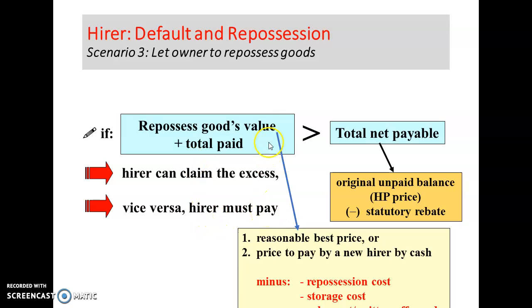We compare the total amount the hirer lets go to the owner with the amount the hirer is still in debt to the owner. If it's not enough, of course the hirer has to add some amount.